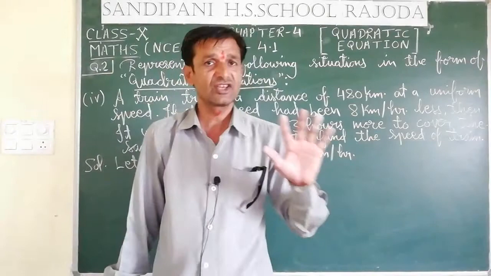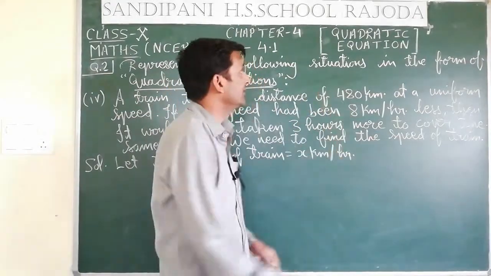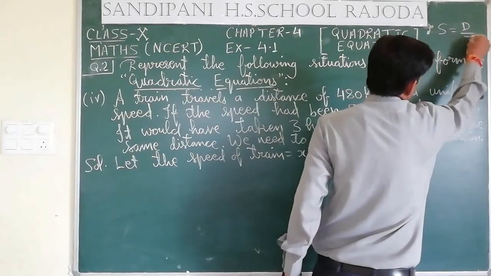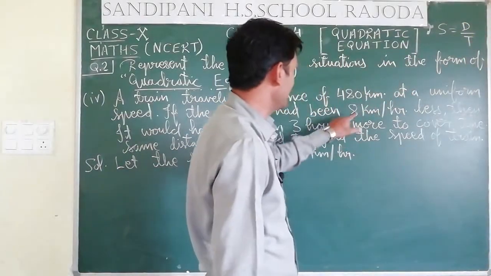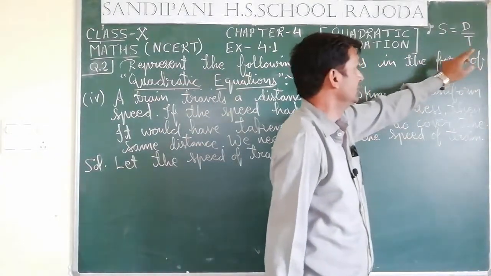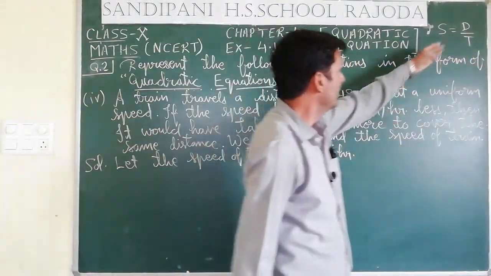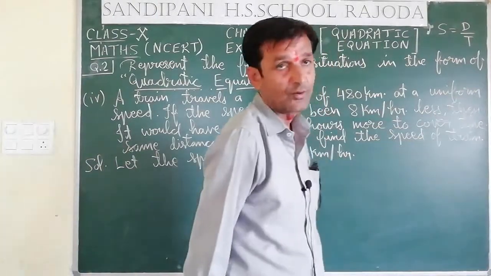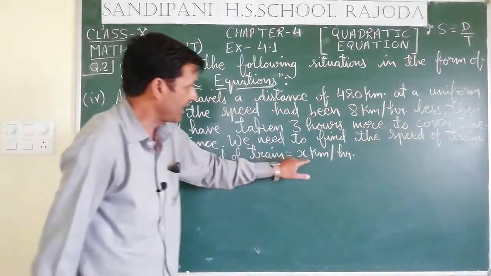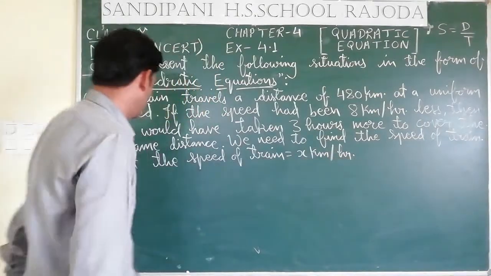Why it is kilometer per hour? See, speed is equal to distance upon time. Distance is in kilometer and time is in hour. So kilometer per hour. That's why we have to mention the unit in a proper manner, x kilometer per hour.